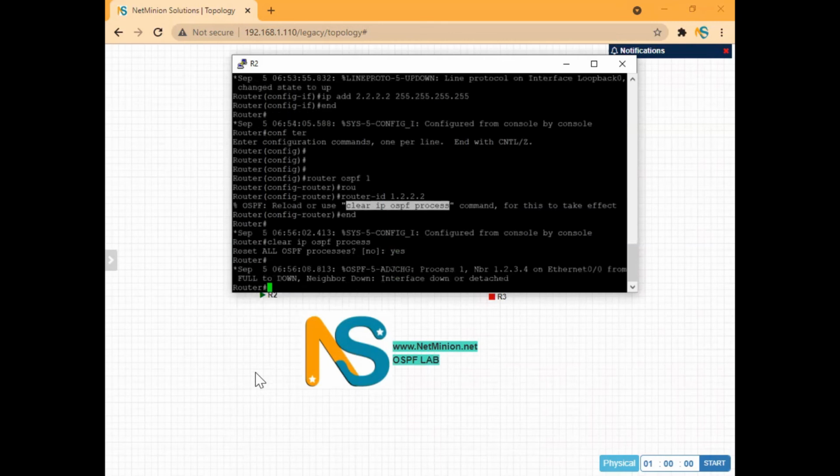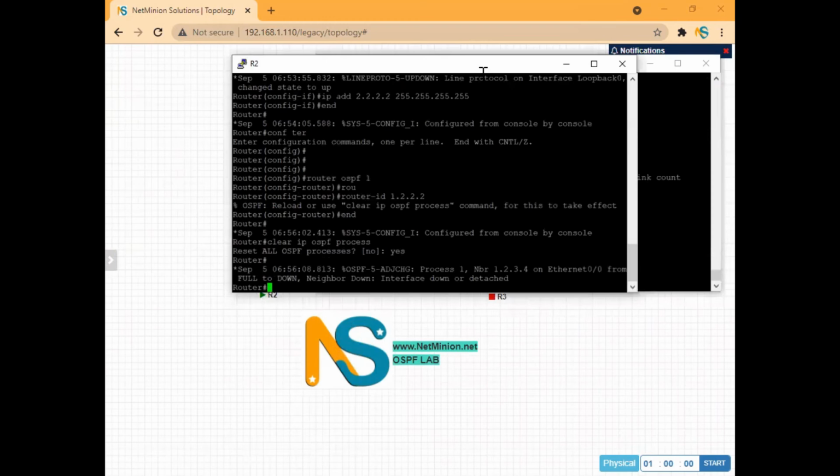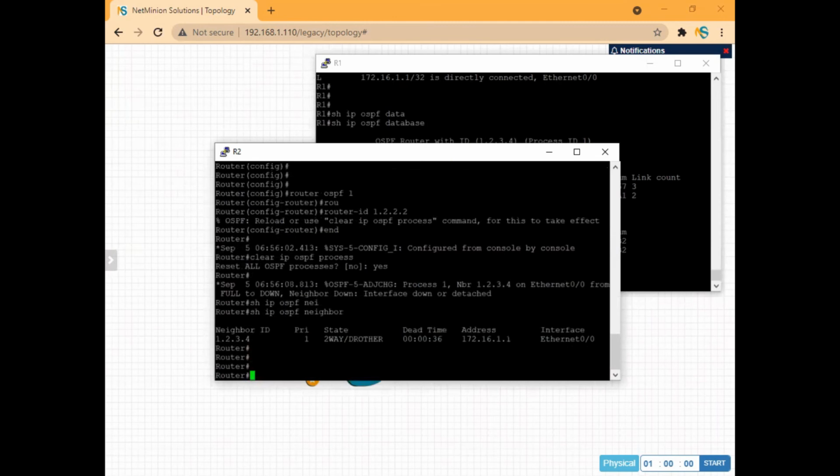It will get detached, and all of the neighborships will come up. We will see what changes on our router one. Currently it is detached, not coming up. Why? Show IP OSPF neighbor. Okay, it is up, but just in two-way. Okay, it is taking some time.